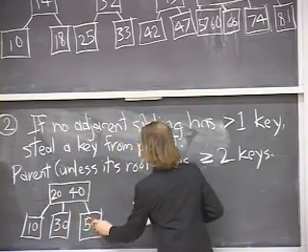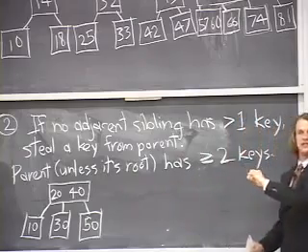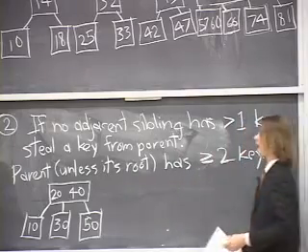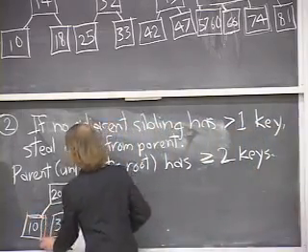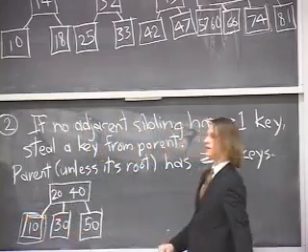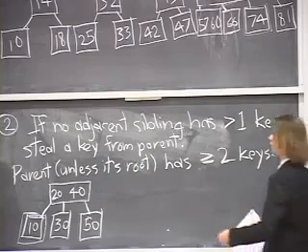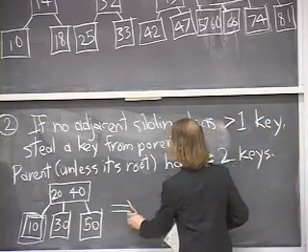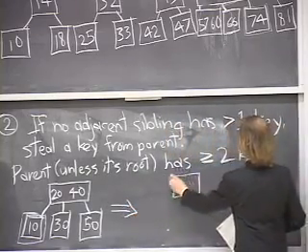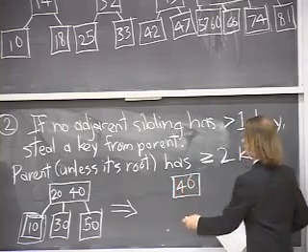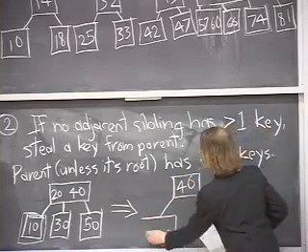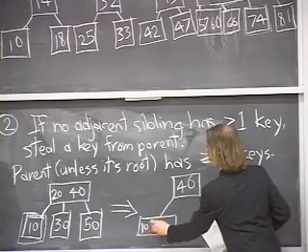Suppose I'm walking down through a tree, and this is a portion of that tree, and I visit the 10. The 10 only has one sibling, and that sibling is a one-key sibling, so I can't steal the key from the sibling. What I can do is I can pull the 20 down. And this is just like the reverse of the operation we do in the insert.